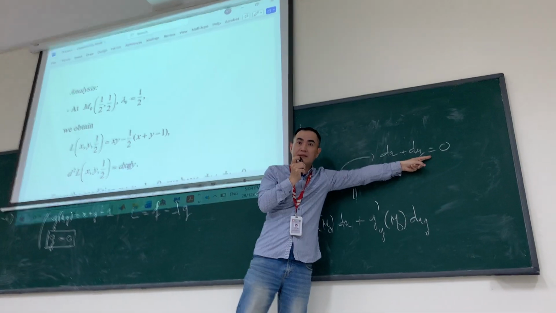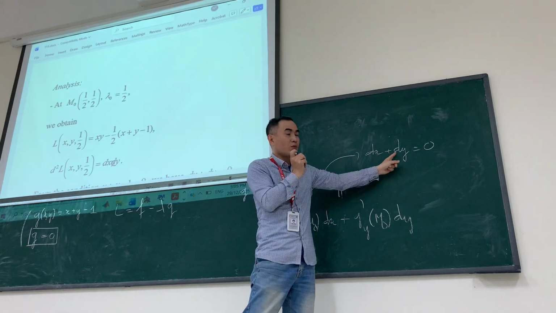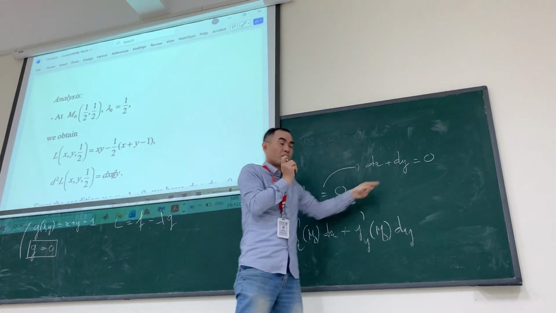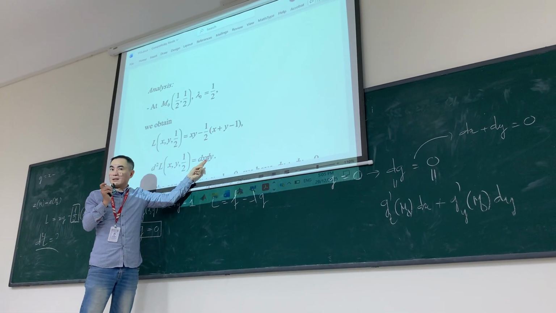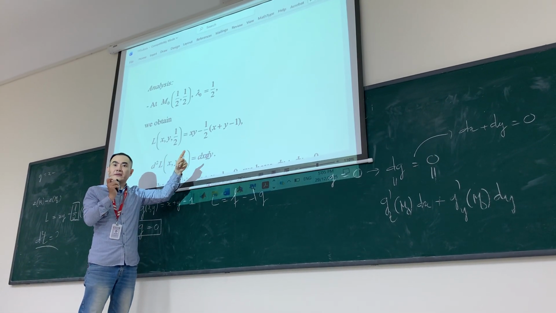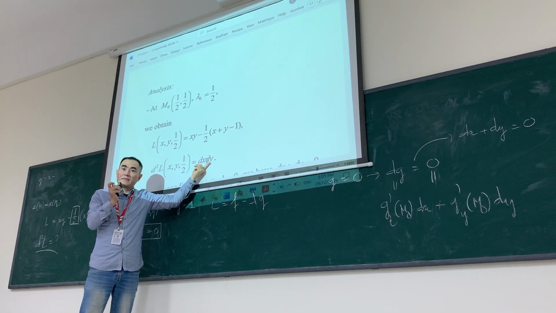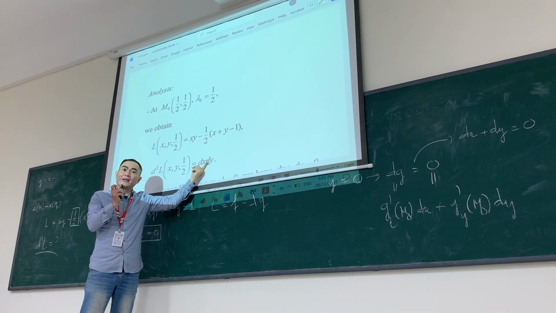Okay, we obtain that. That means we have dy equal to minus dx. Take substitution, dy equal minus dx, put it up here, and we can check the sign.